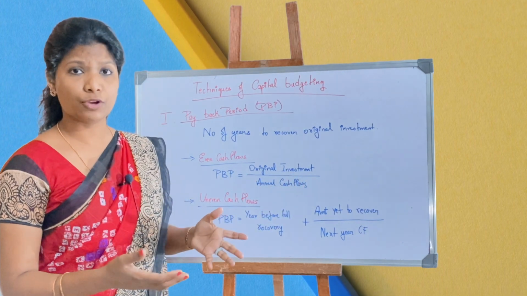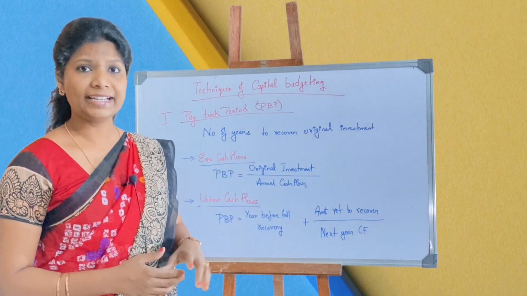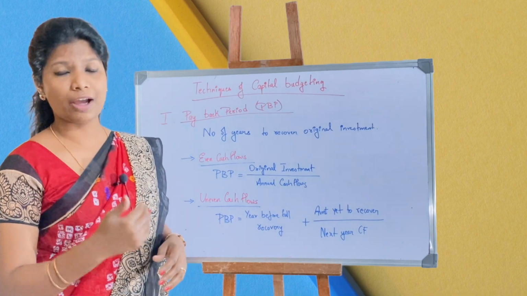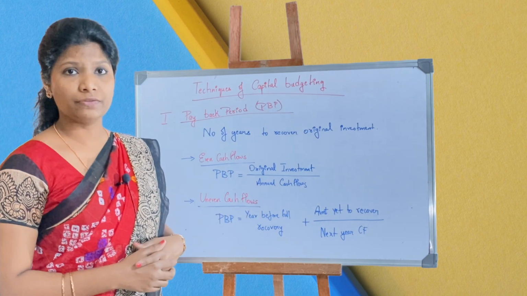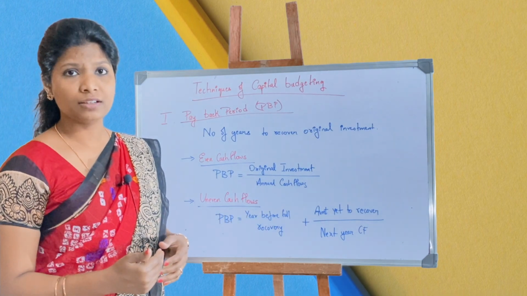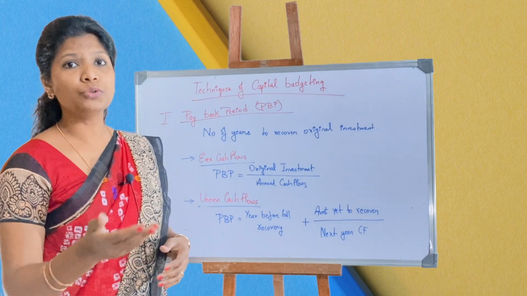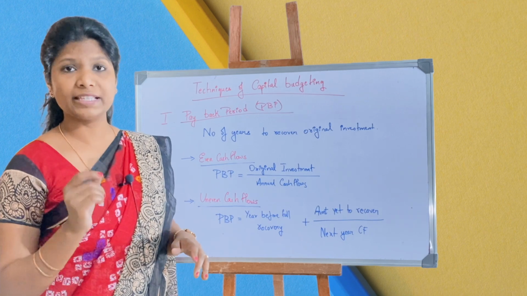Let's say the life of the project is 10 years. The investment you've put in here is 10 lakh, and the annual cash flows, whatever you're going to be receiving, you have to divide by that. So original investment divided by annual cash inflows. Let's say each year you're getting 2 lakh rupees. 10 years is the lifetime. Original investment is 10 lakh.